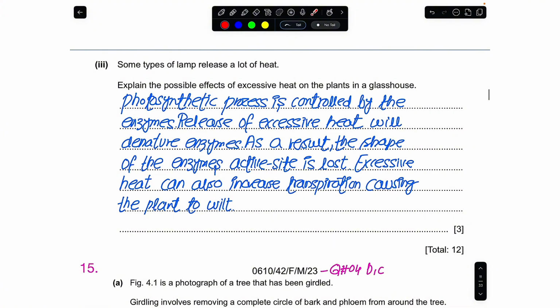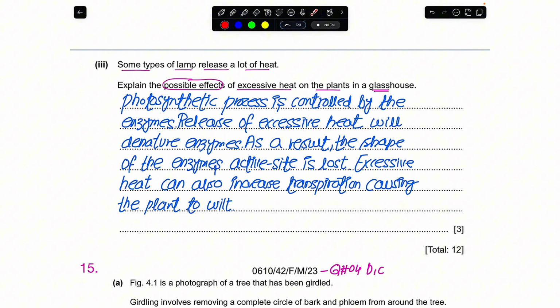Moving onward, for 3 marks, they say some types of lamps release a lot of heat, and they are asking the possible effect of the excessive heat on the plants in the glass house. Wherever we have to relate the excessive heat and its impact on the plant, we just need to think in terms of enzymes.